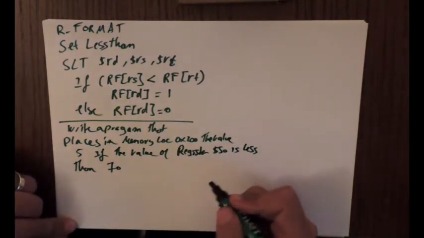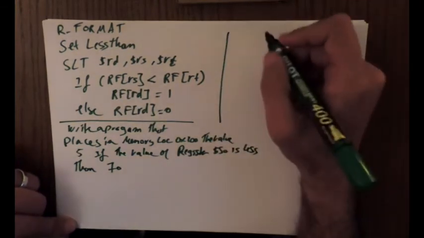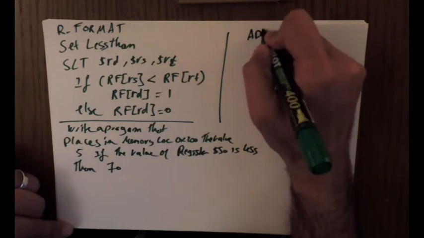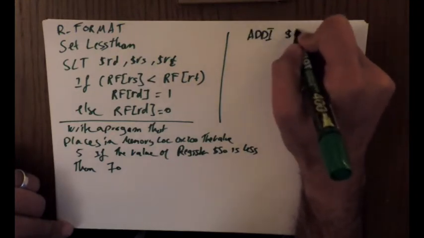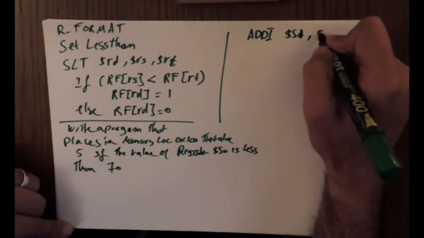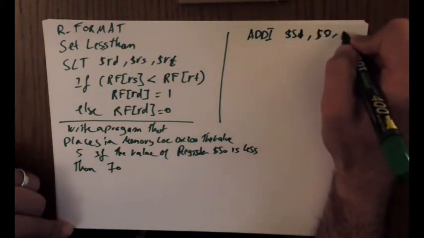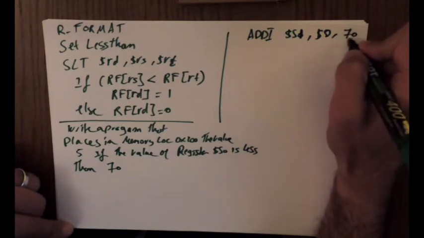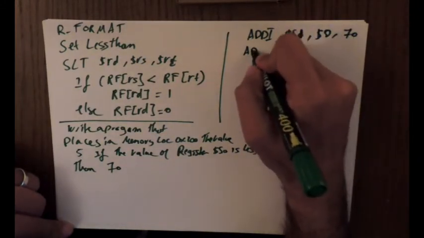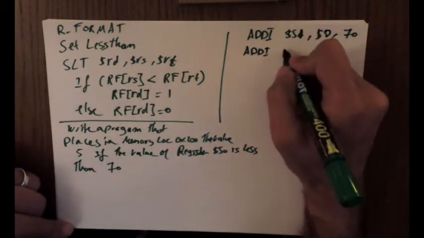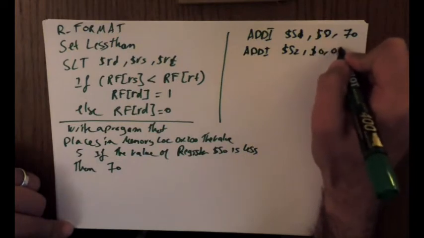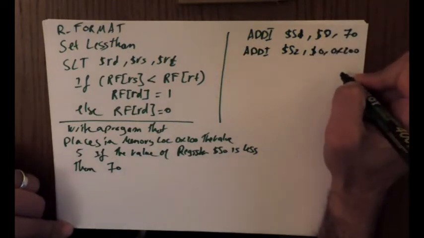First, I need to set up my addresses, so I'm gonna place addi $s1, $0, and we're gonna have 70 in decimal. Then I would like to set up the address $s2 as 0x200.